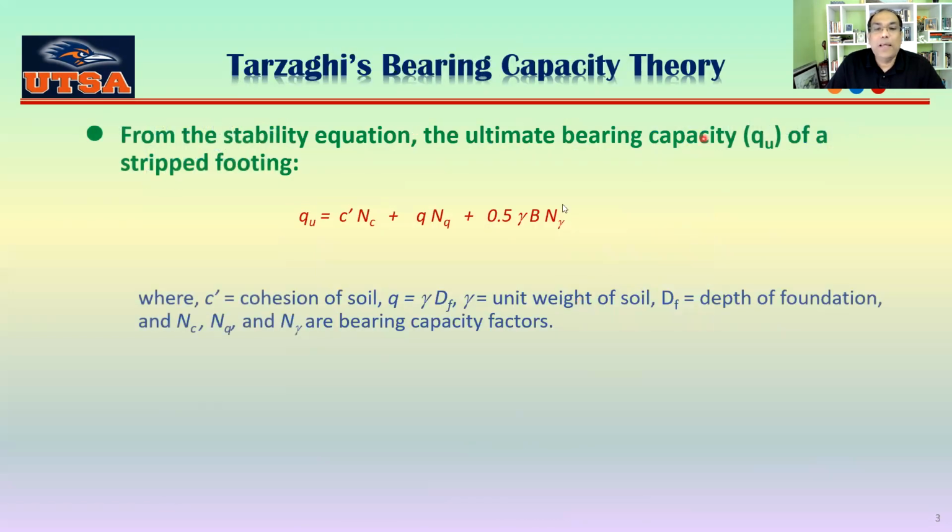And then he proposed the equation here: qu equal to c prime Nc plus q Nq plus 0.5 gamma B N gamma.